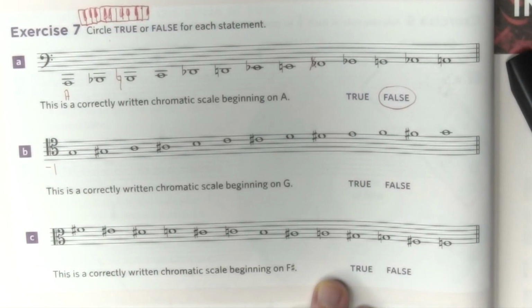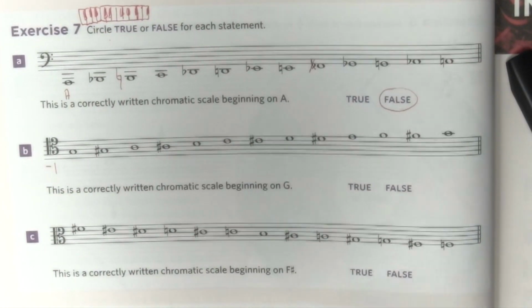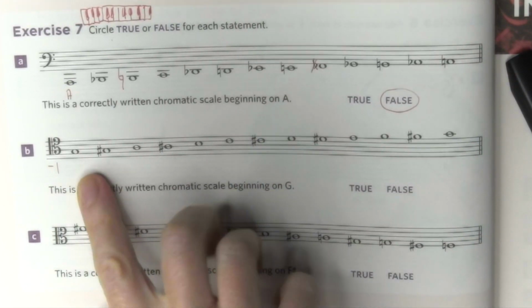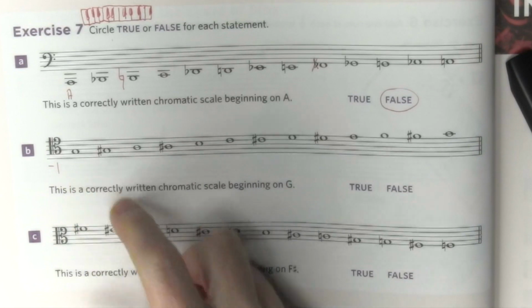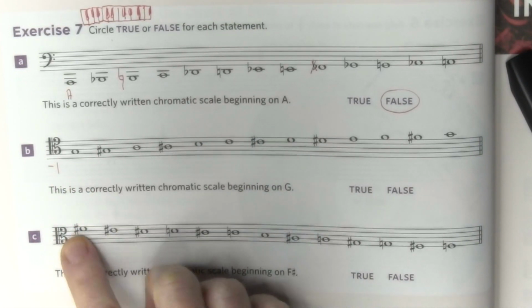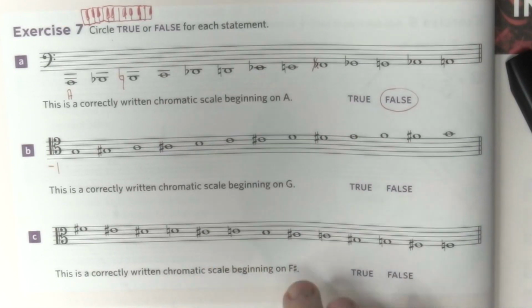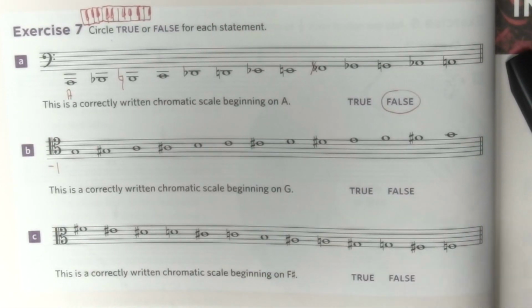It appears correct. Now I find it very useful to play it on an imaginary keyboard because I'm a pianist, so it's really easy for me. So Sol sharp, La, La sharp, Si, Do, Do sharp, Re, Re sharp, Mi, Fa, Fa sharp, Sol. Correct.